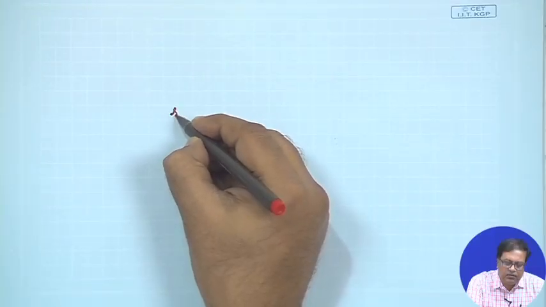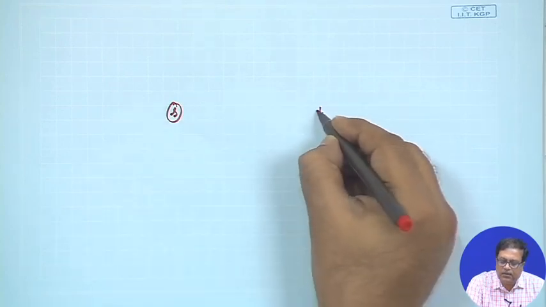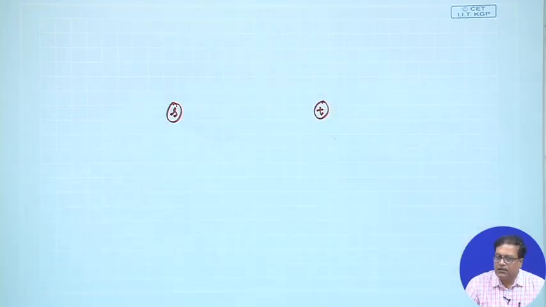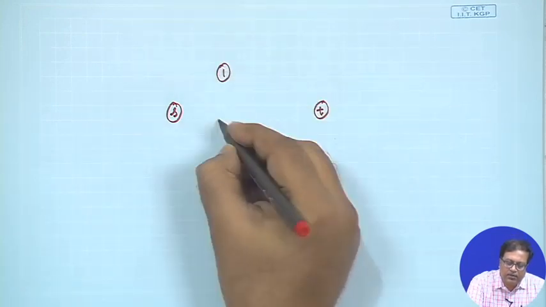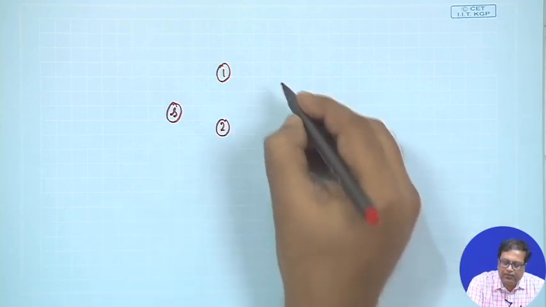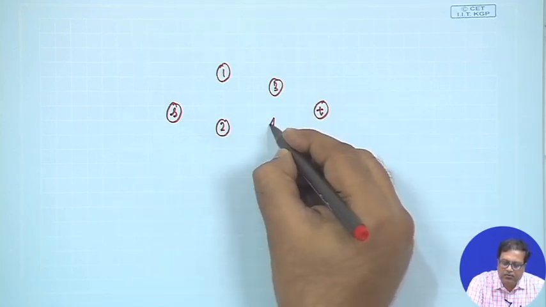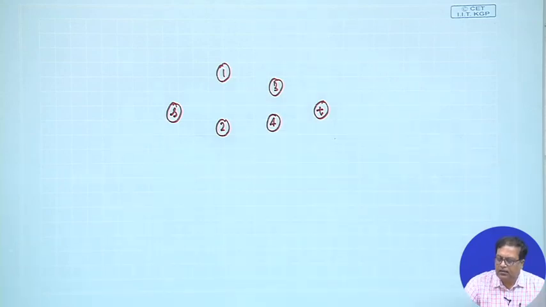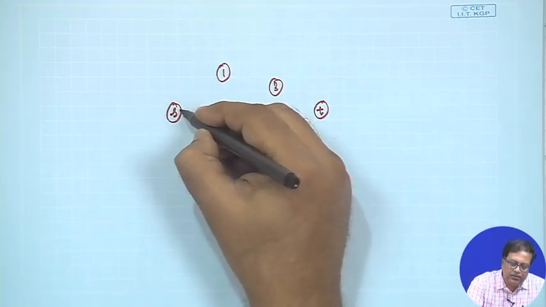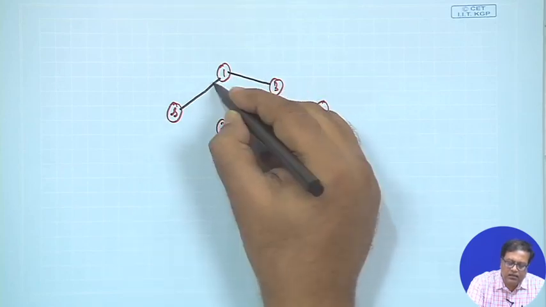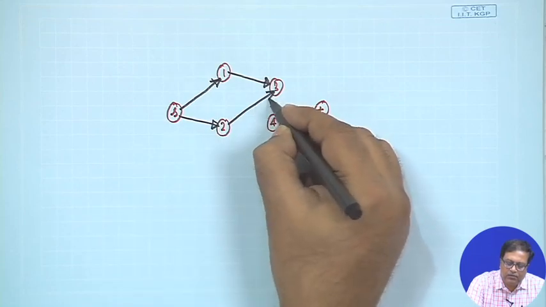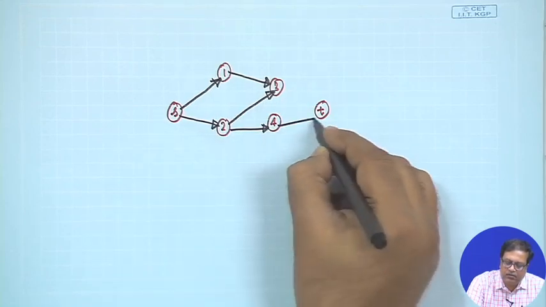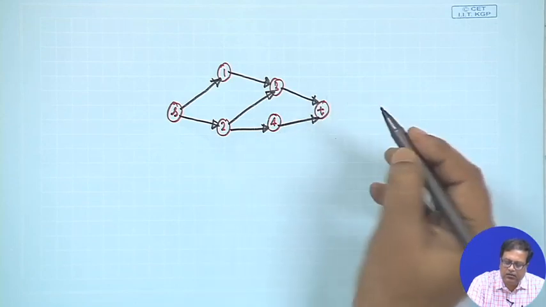So, let us take a particular example. Supposing we have a flow like this: this is the source and this is the sink. Let us say we have a very simple network. Let us take 1 and 2, then 3 and 4. That is all, nothing else. Let us say these are the flow directions, and 2 to 3 is possible, 2 to 4 is possible, 4 to T is possible, and 3 to T is possible.